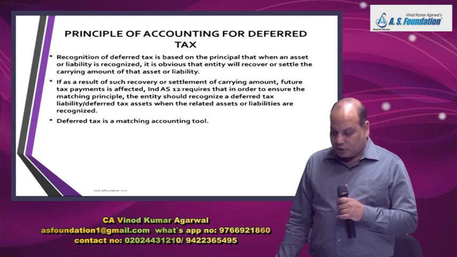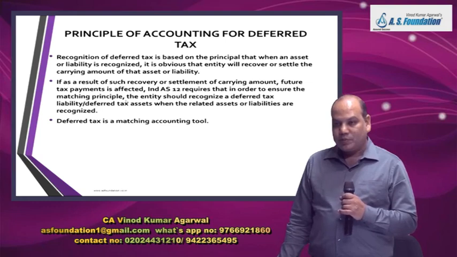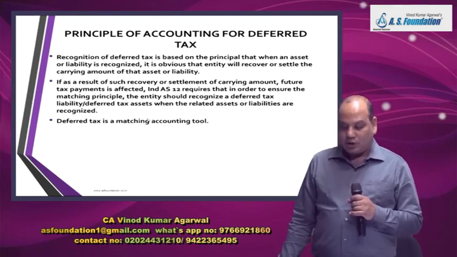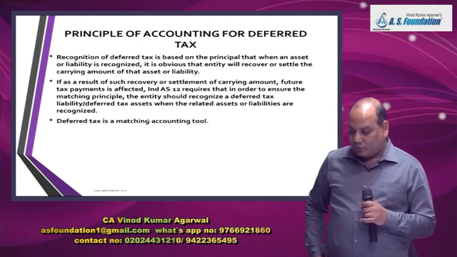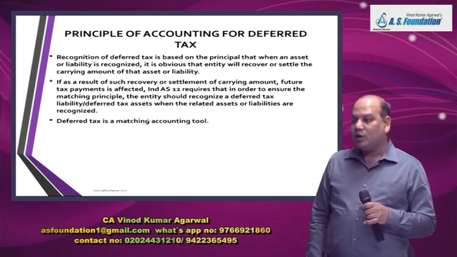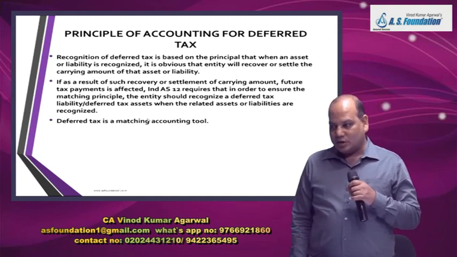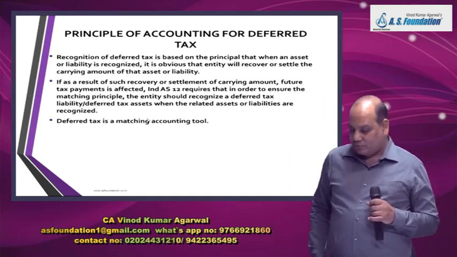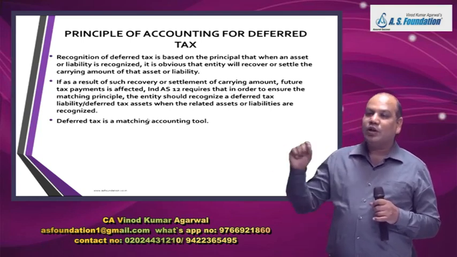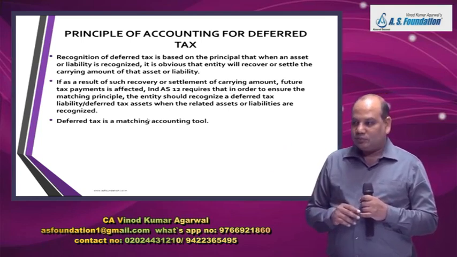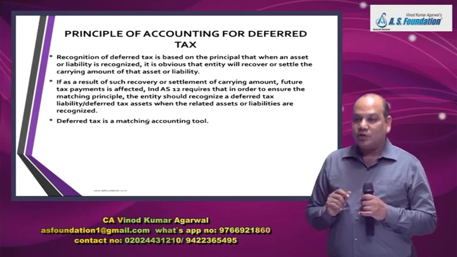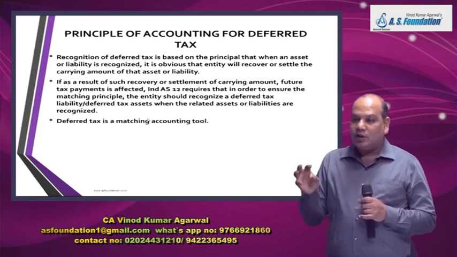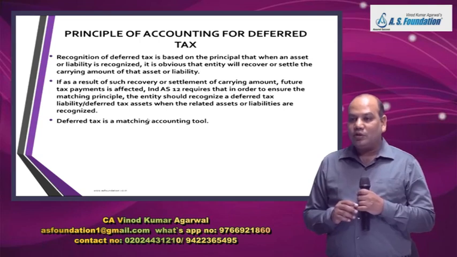So what Ind AS 12 requires is that, in order to ensure the matching principle, an entity should recognize a DTA or DTL when the related asset or liabilities are also recognized. So when you are recognizing an asset or liability which you think will have a future tax consequence, then simultaneously you also recognize the DTA or DTL.